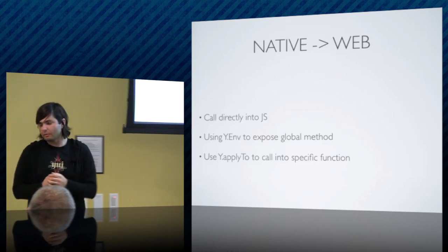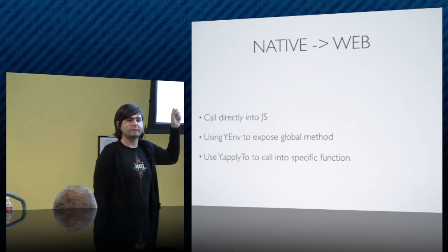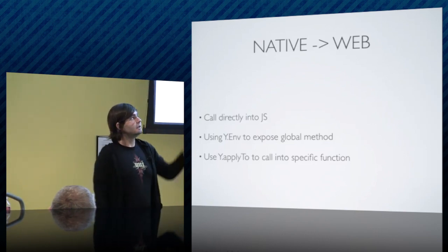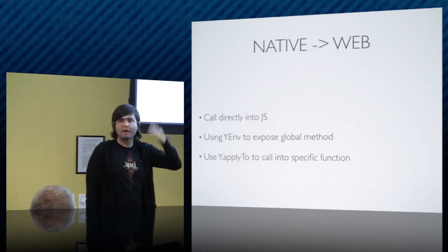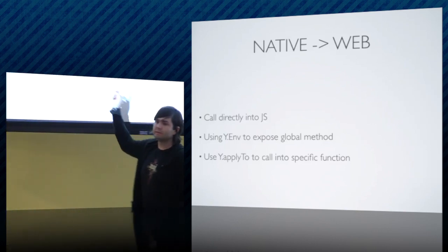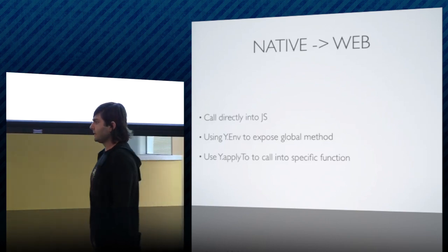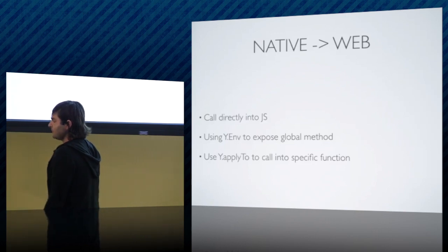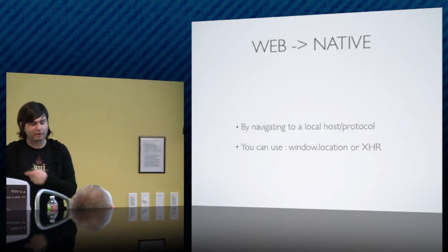So we just did that, putting some function on the Y.Env space that the native could call into. And once we grab it, we'll have a little switch statement depending on the action. And then we'll call with apply to the right YUI module. So it's not too complicated. So that's how you do it from native to web.